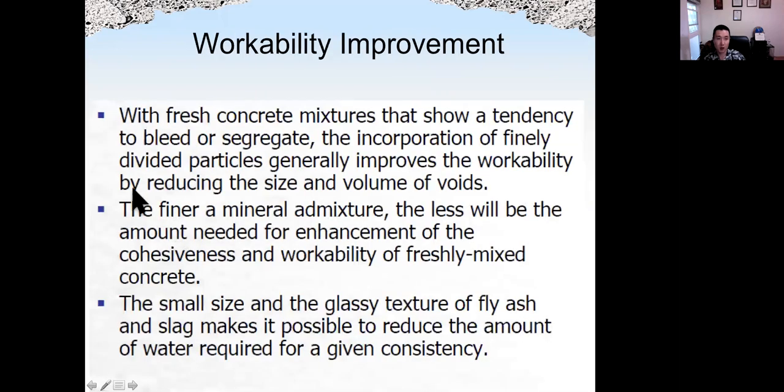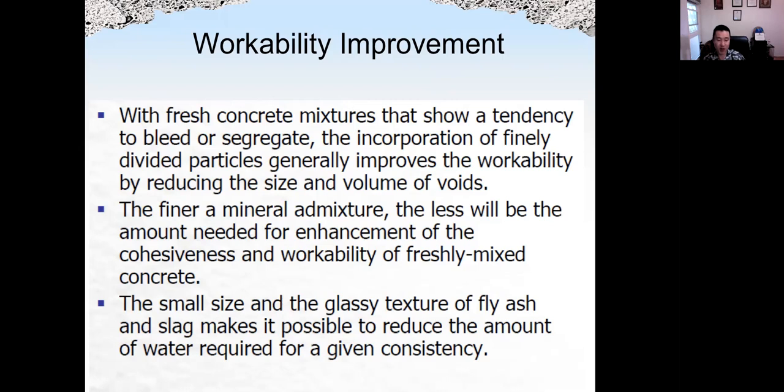When we have bleeding or segregation problems, segregation means the separation of the large stone, which we call coarse aggregate, from mortar or cement paste. Incorporation of fly ash can improve the workability by reducing the size and also reducing the volume of the voids.